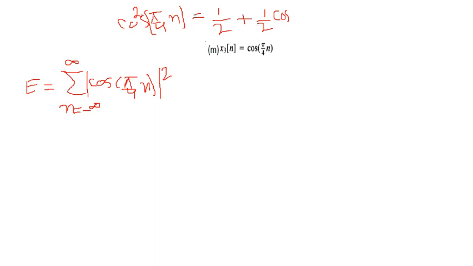So if I multiply it by 2, I'll get pi by 2 n. So this is what we get.